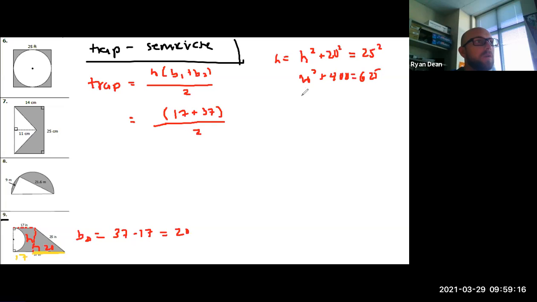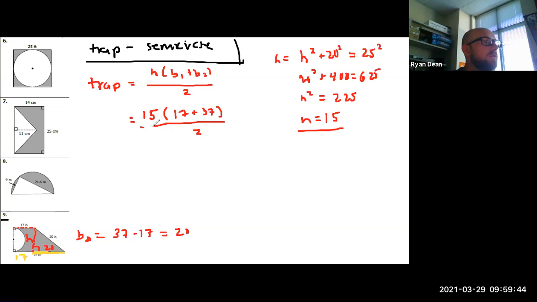I take away the 400 on both sides, and then h squared is now equal to 225. And the square root of 225 is 15. Okay, so that is the height of this triangle. It's also the height of the trapezoid.